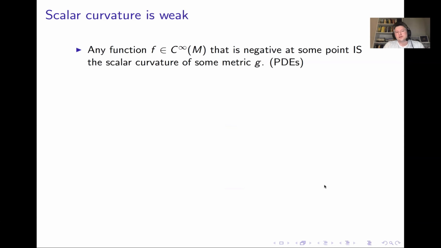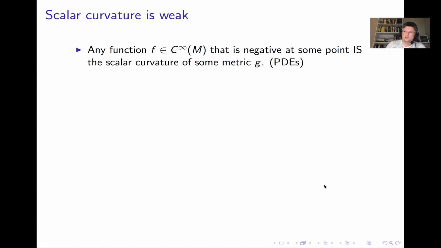Well, it turns out that if you give me any function on the manifold that is negative somewhere, let's say at some point it's negative, then I can actually prescribe that function as the scalar curvature of a metric. That's a result that is proven basically using PDEs.